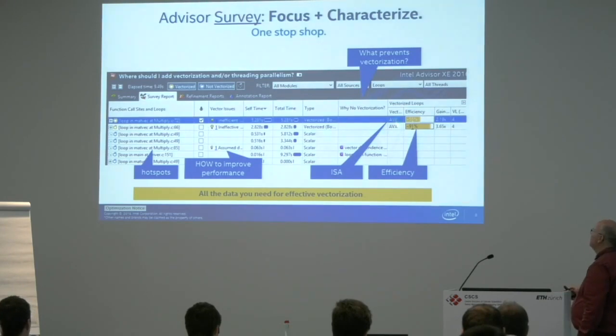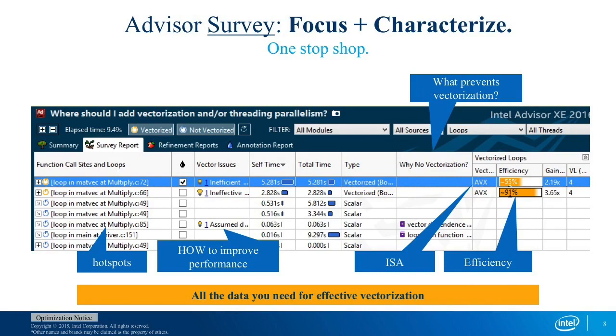And the ISA: there was a feature before KNL could be accessed by too many people, which is still inside, that you can do multi-ISA binaries, and then you see the analysis for both kinds of branches here, which is quite nice. And the efficiency here for the loop, which is kind of a performance thermometer to indicate where we can go on with work.